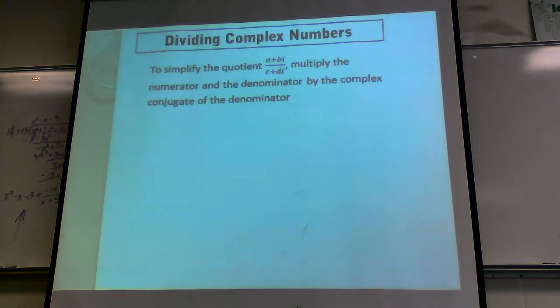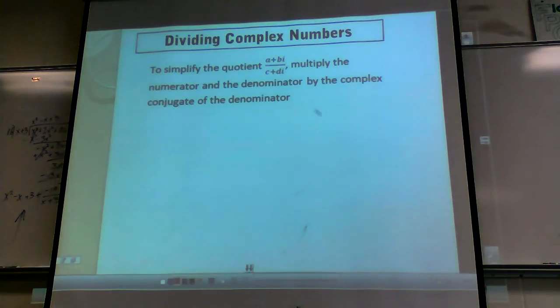The reason for that is when you multiply those together, it cancels out the imaginary. It's the same idea as x plus 2 times x minus 2. This just becomes x squared minus 4, right? The middle terms cancel out because it would be a positive 2x plus a negative 2x, which is 0.